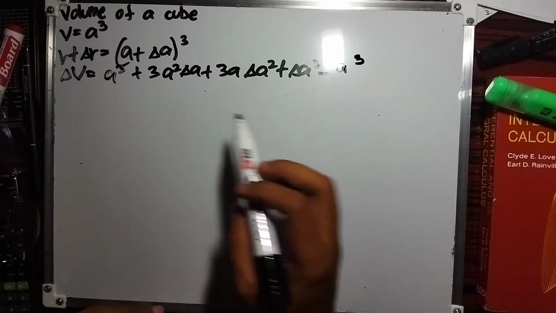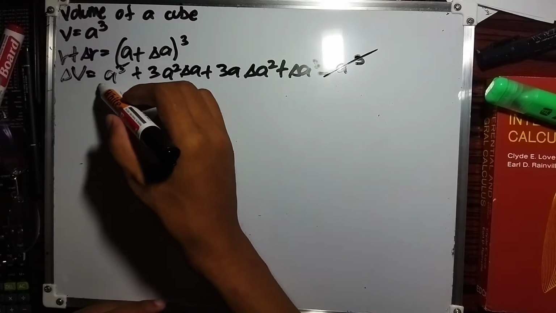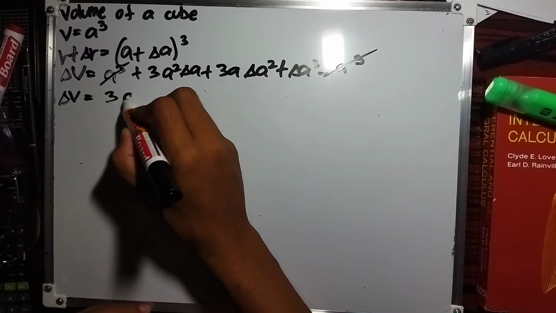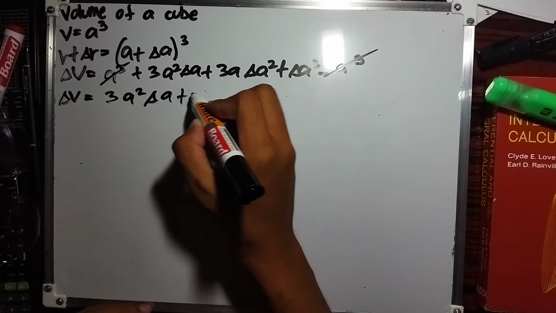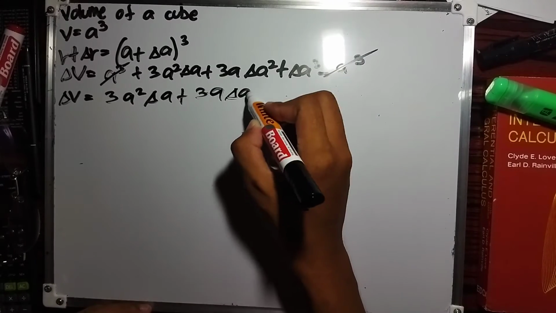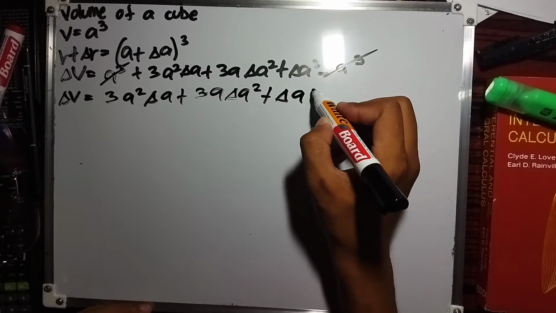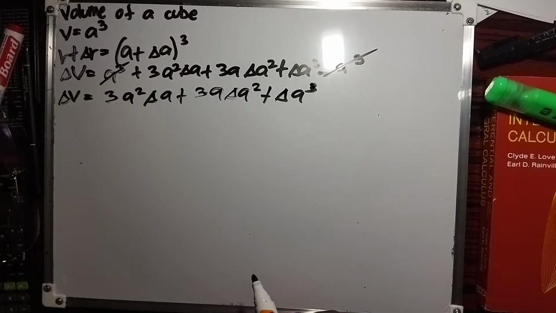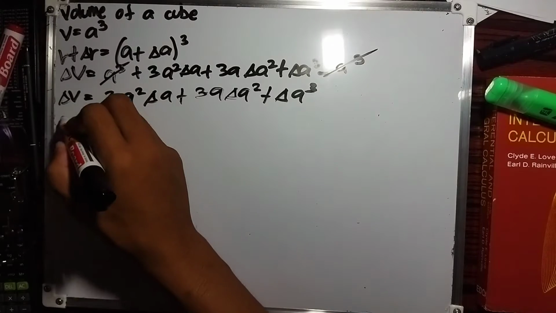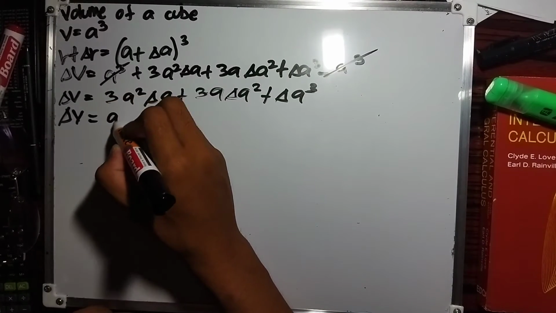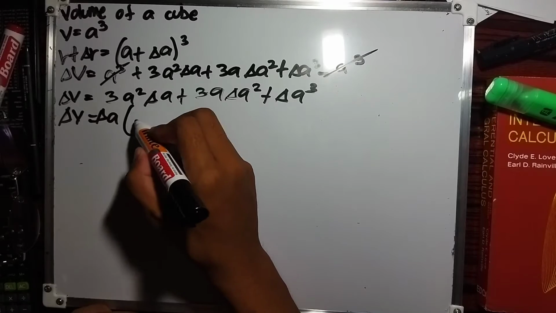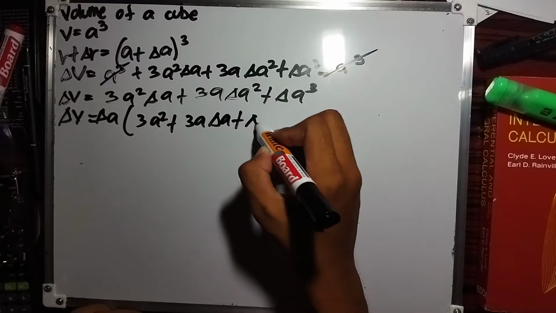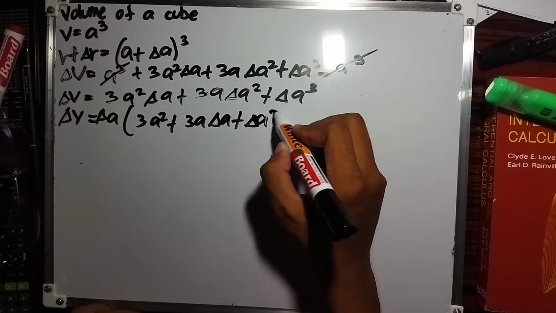So we can cancel negative a cubed from the positive a cubed, so we'll be left with delta V is equal to 3a squared delta a plus 3a delta a squared plus delta a cubed. And we also have to separate the delta a outside the parentheses. So delta V is equal to delta a times 3a squared plus 3a delta a plus delta a squared.